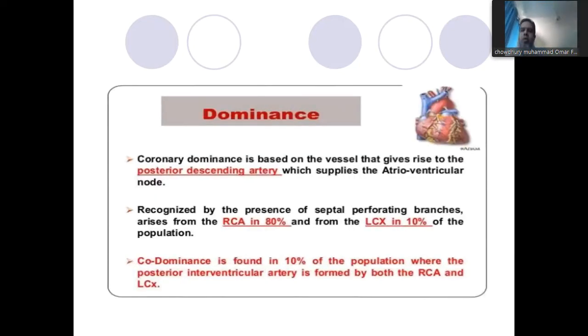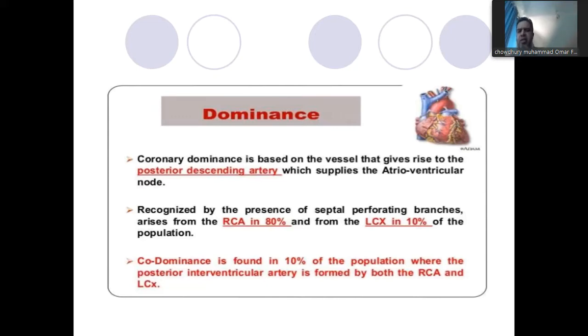Now, what is dominance? Coronary dominance is based on the vessel that gives rise to the posterior descending artery, which supplies the atrioventricular node and is recognized by the presence of septal perforating branches. It arises from the right coronary artery in 80 to 85% of cases, and from the left coronary artery, that is from the left circumflex artery, in about 10% of the population.